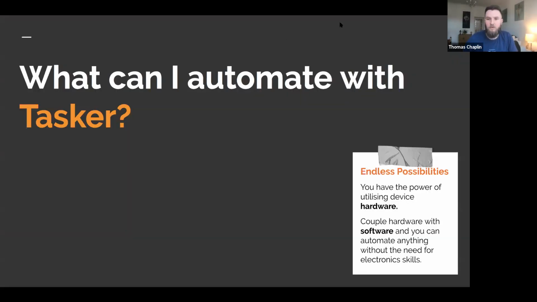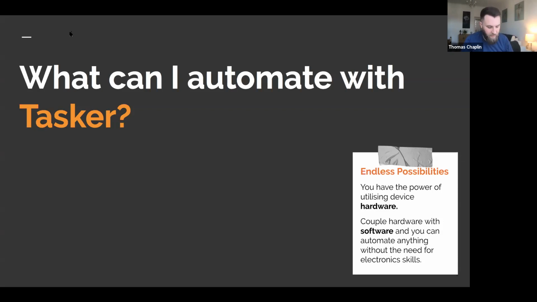So what can you automate using Tasker? Well, really, if you think about it, you can automate quite a lot because you have the power of using the device hardware. As I mentioned before, you can use Bluetooth, you can use GPS, you can use SMS. Anything that your phone can do from a software or hardware point of view, you can potentially automate it.